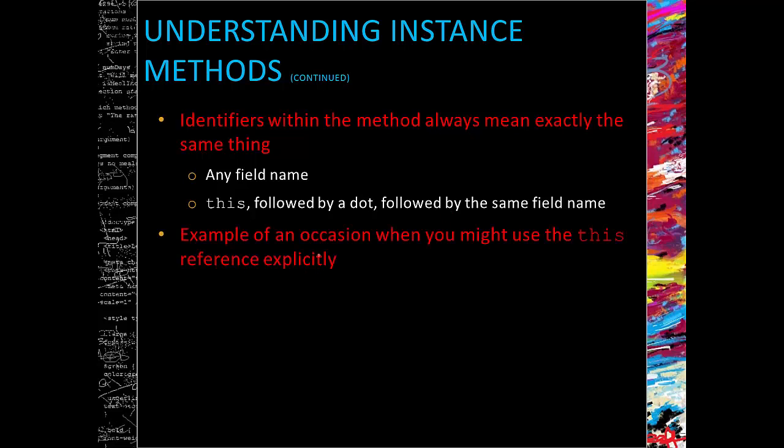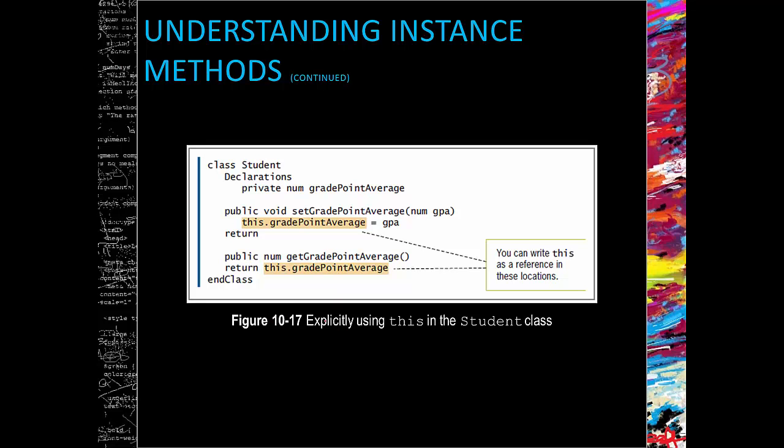Now, an example of an occasion when you might actually use the this reference explicitly, so on purpose, not secretly, would be when you use this reference with data fields, but it's not really required. So what we're going to do is use it within our instance methods. The following two identifiers, gradePointAverage, mean exactly the same thing.